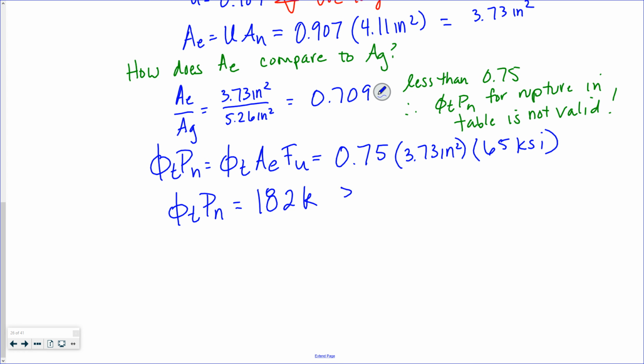That is greater than my required strength.